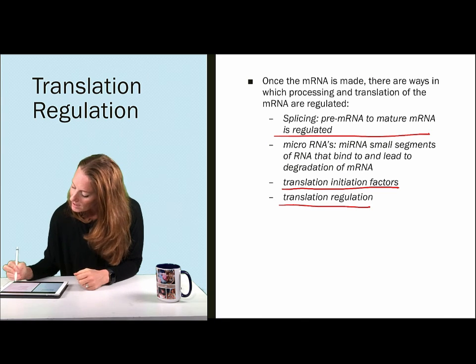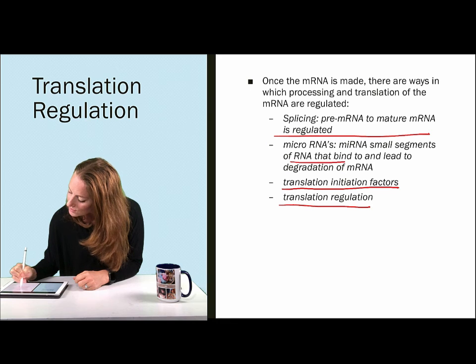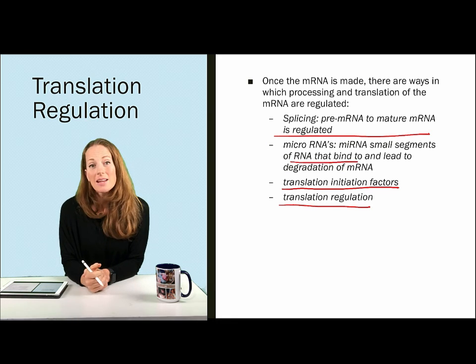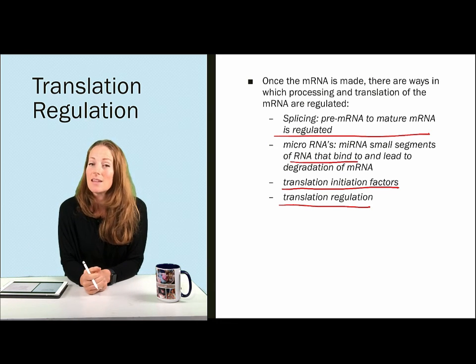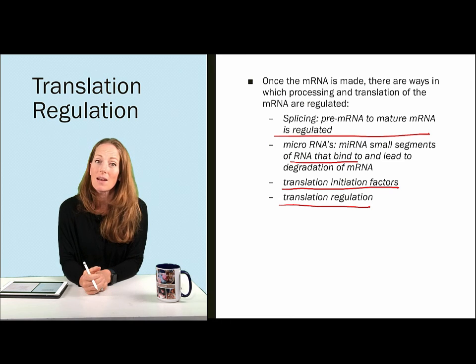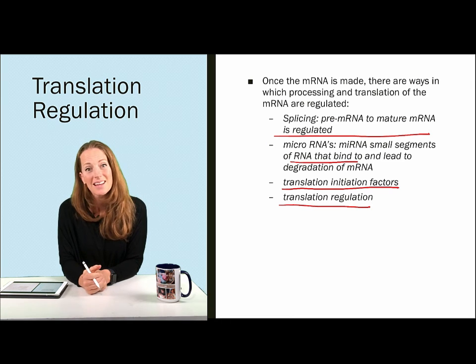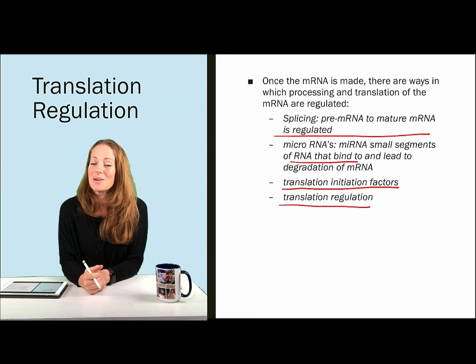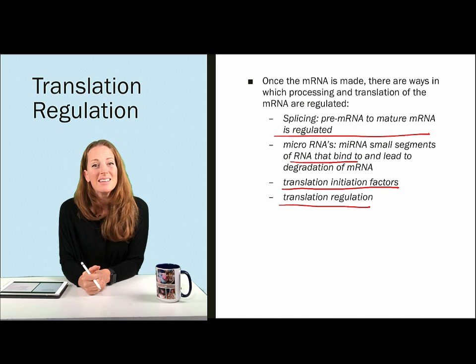So microRNAs, for example, can bind to the mRNA and lead to its degradation, and then that mRNA will never be translated. So microRNAs are a pretty interesting area of research, probably getting to be about the last 7-8 years that research has become really cool.